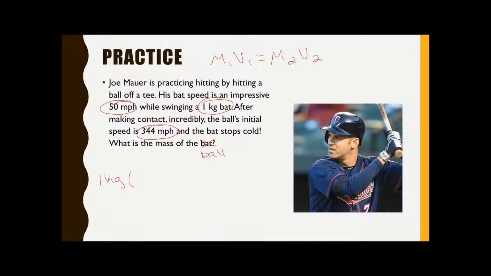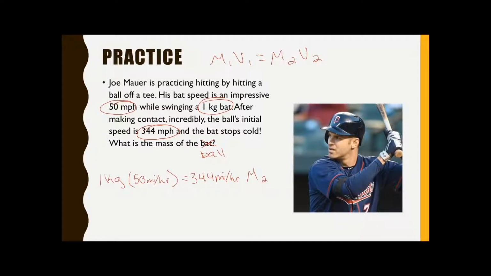Our velocity for our bat is 50 miles per hour. And then we know our velocity of our ball is 344 miles per hour. Okay, and we are looking for the mass of the ball.